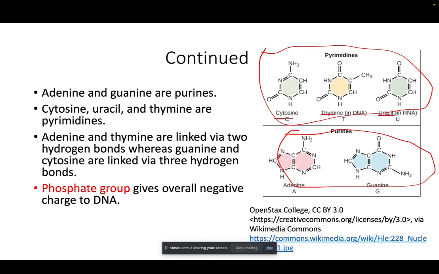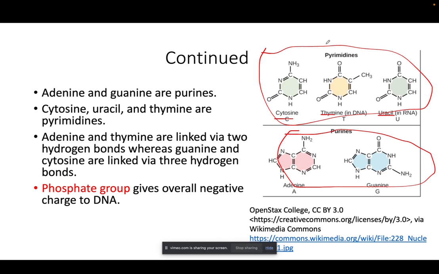So purines have only two bases, whereas pyrimidines have three bases. And another difference between purines and pyrimidines in terms of structure is that purines have two ring structures, whereas pyrimidines have only one ring structure. So this is very important to know.